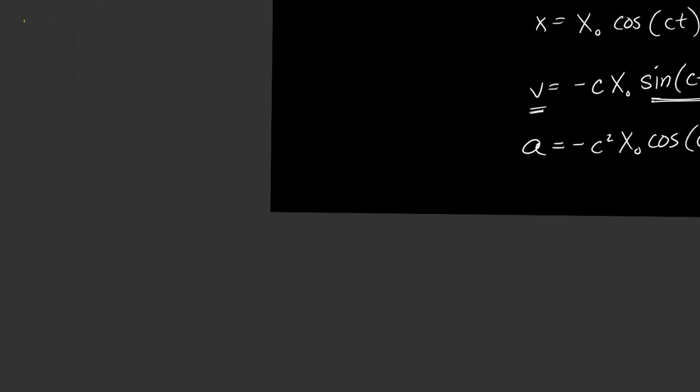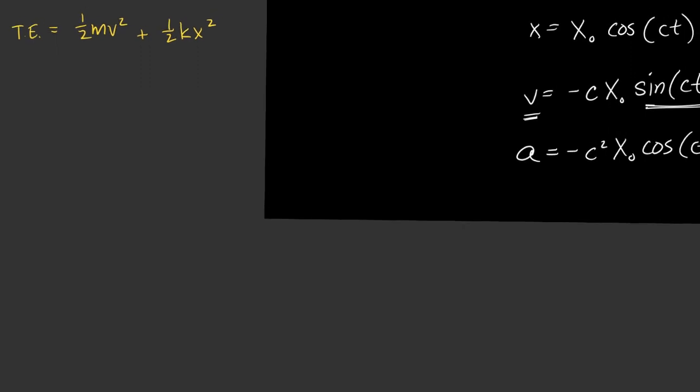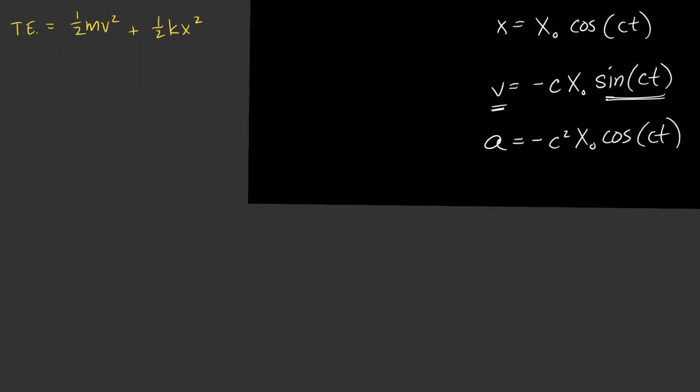The total energy of the system has to be the combination of the kinetic energy and the potential energy. That's what we just said a moment ago, right? But we have an expression for our potential energy. We have an expression for our position and an expression for our velocity.